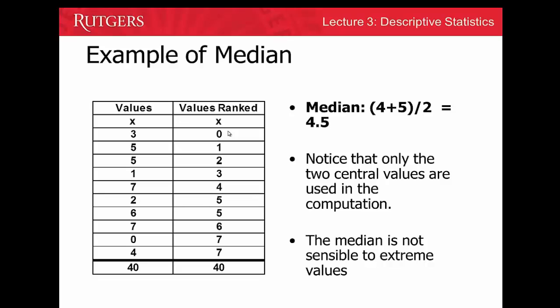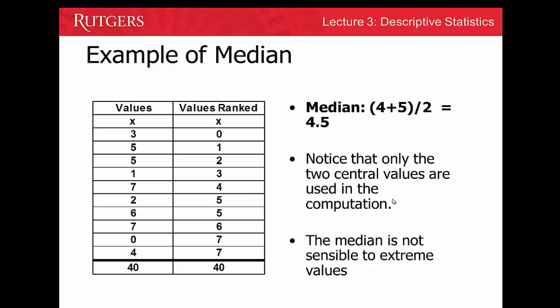And since we have 10 records in the data set, which is an even number, we have to add the fifth and the sixth value together and divide it by 2 in order to calculate the median. If we have, for example, 9 records or another odd number of records in the data set, we just need to pick the value that's in the middle of the sorted values.